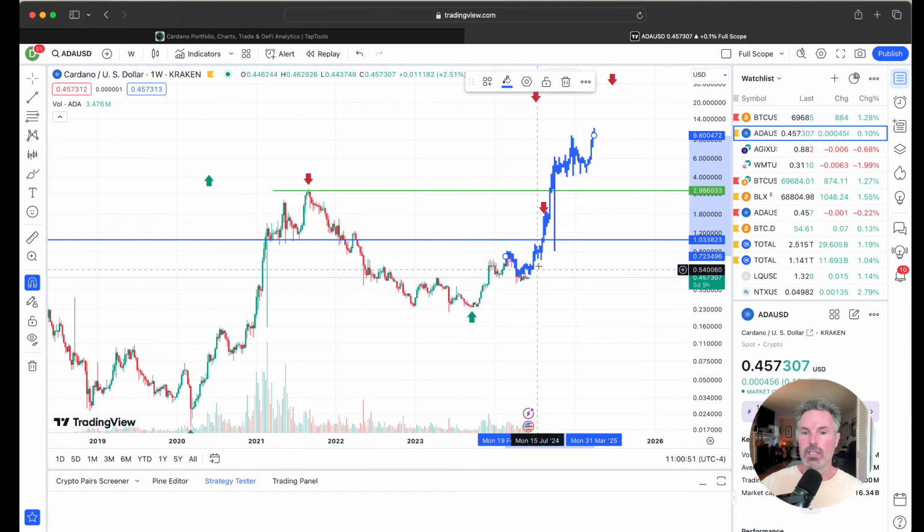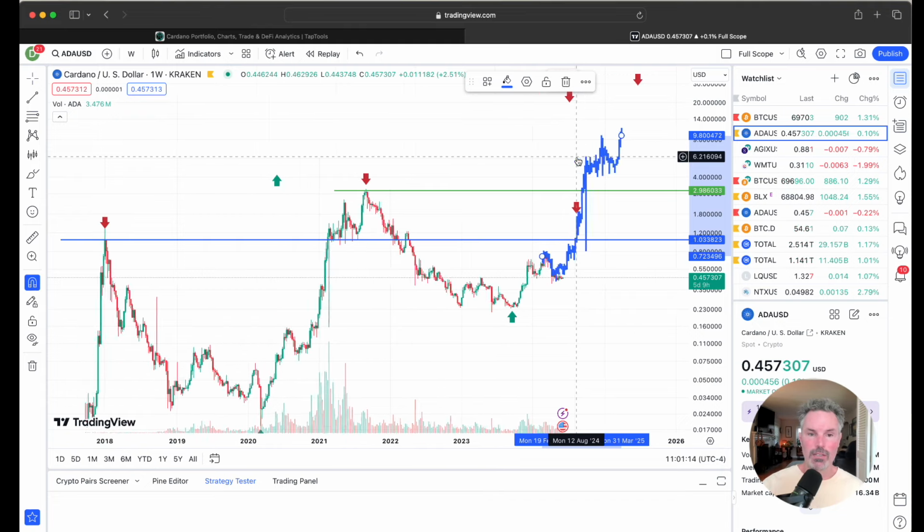This just gives you a little bit of an example of previous history. Now, prior history does not indicate future results, but it does rhyme. History does rhyme in many cases. And Cardano has really not had a massive explosion of a bull market in its infancy, in its history.